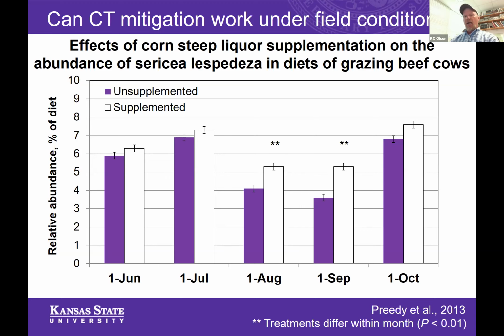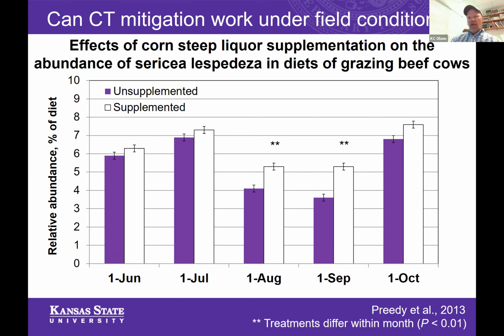But when it really mattered, during August and September, when the plant was both vulnerable to damage through grazing and when the condensed tannin concentration was the highest, that's when we saw consumption by the supplemented cattle really spike. And we didn't know it then, we know it now, that if you can detect Sericea at about 5% of a cow's diet, that's very near a threshold for control of seed production.